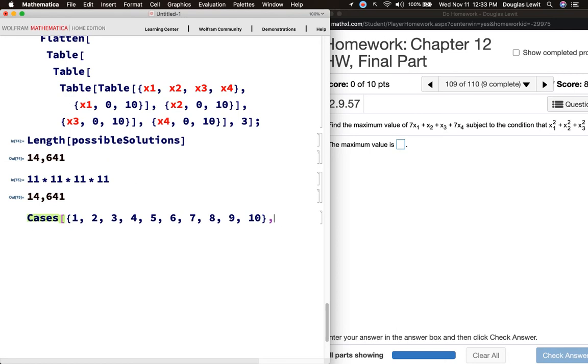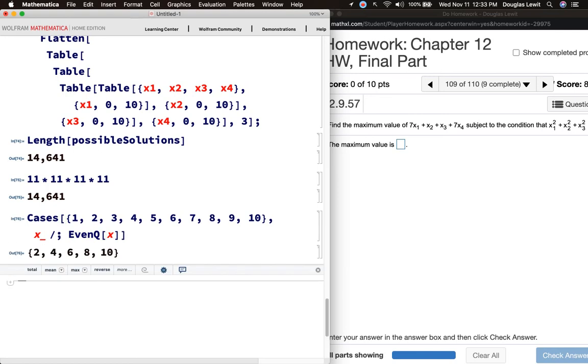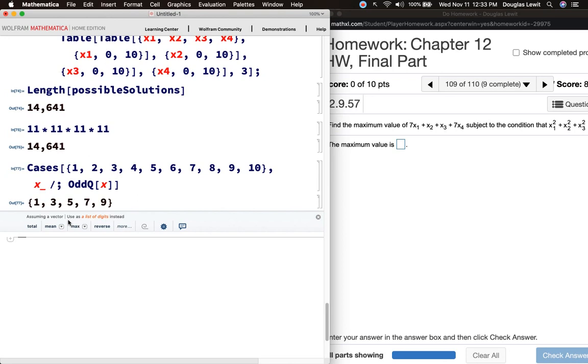My variable will be x, EvenQ[x]. So I'm taking from the list only the integers that are even. What if I wanted only the odd integers? That's what Cases does. So let's use it to find the answer to this problem.